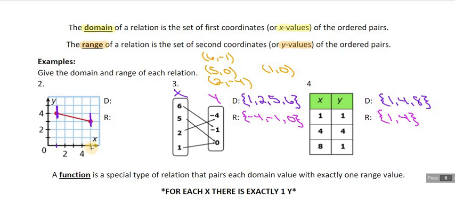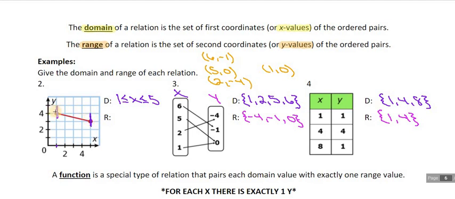So our x is everything from 1 to 5. So we're going to write an and sandwich to say that. 1 is less than or equal to x, which is less than or equal to 5. So our x's go from 1 to 5, and it is included because the ordered pair 1, 4 is an actual defined point. So 1 is included, as is the x value of 5, which is the ordered pair 5, comma 3.